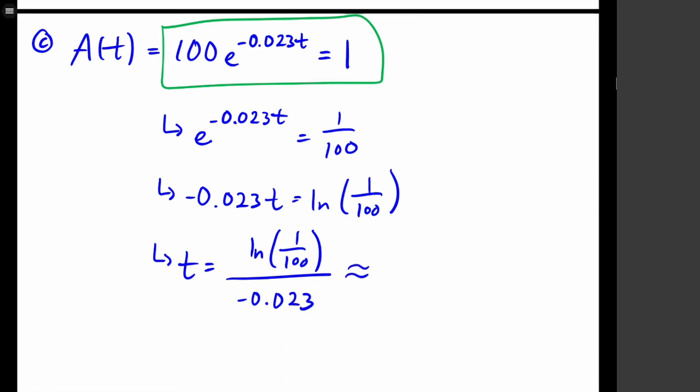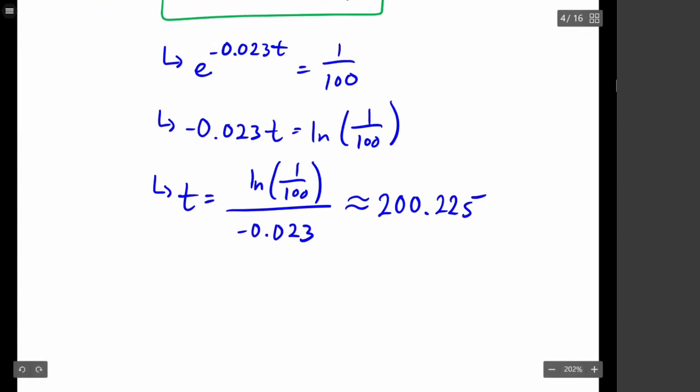Right. So let's see here. ln of 1 over 100. And then we want to divide that by negative 0.023. And that'll give us about 200.225. Okay.